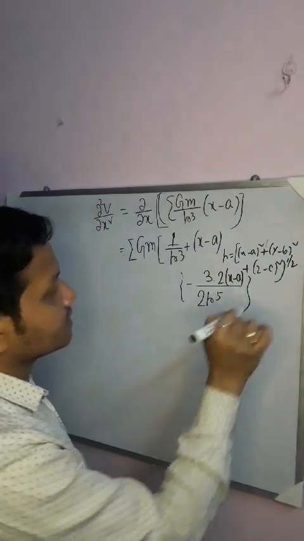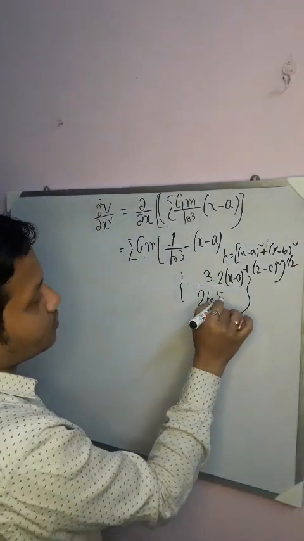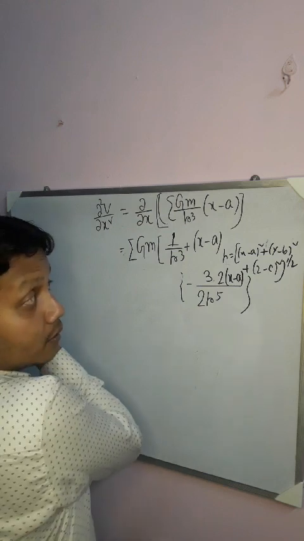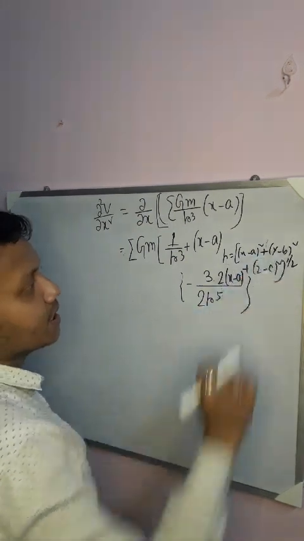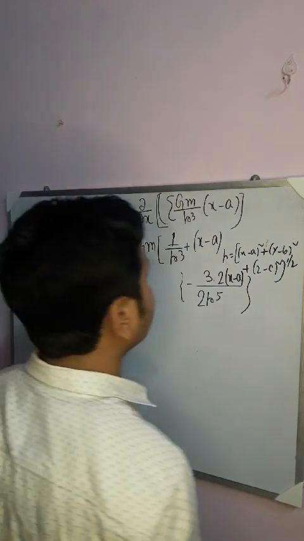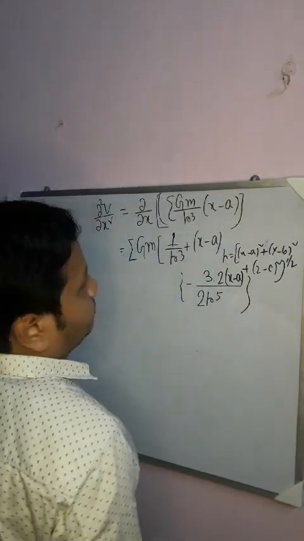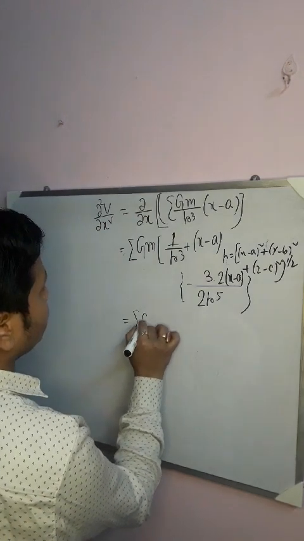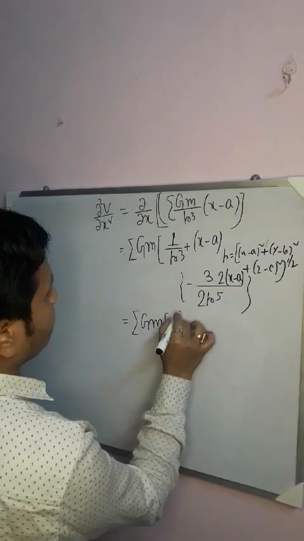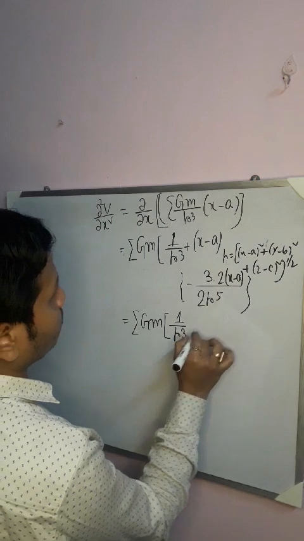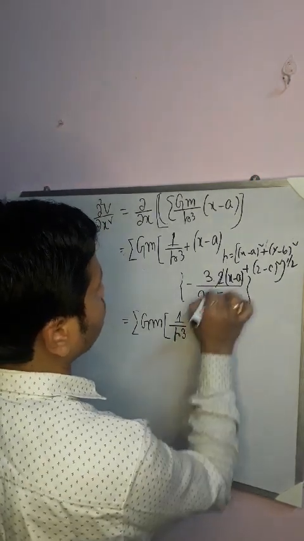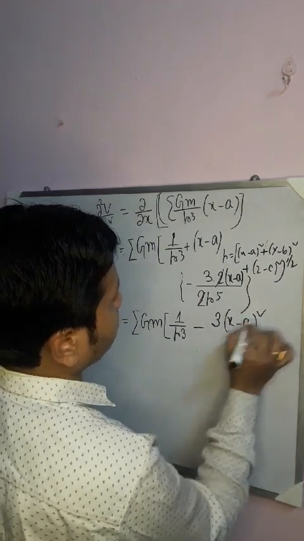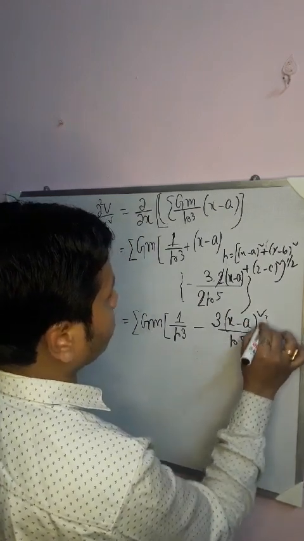That means minus 3 by 2 into r to the power 5, and 2 into (x minus a) term will be there. So what we get is simply GM into 1 by r cube minus, 2 cancels, 3 into (x minus a) whole square by r to the power 5.